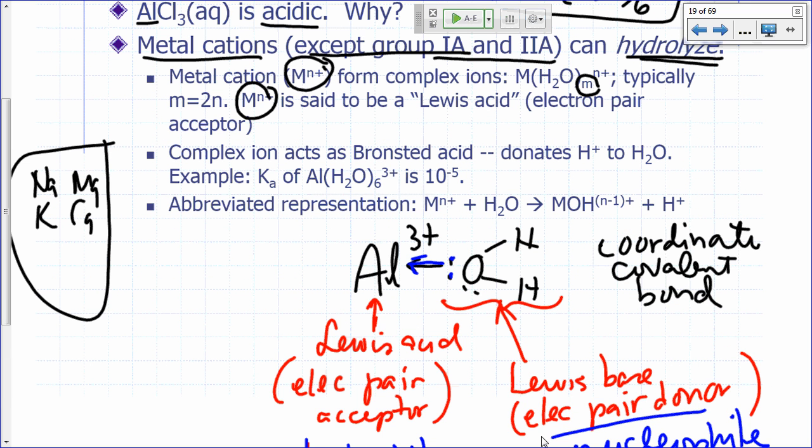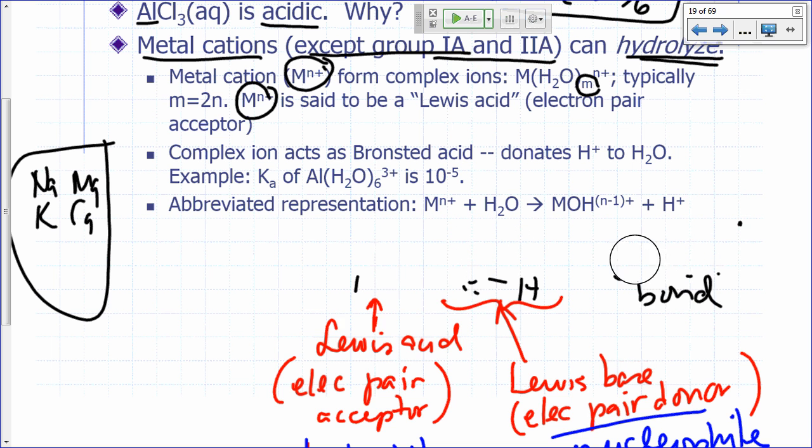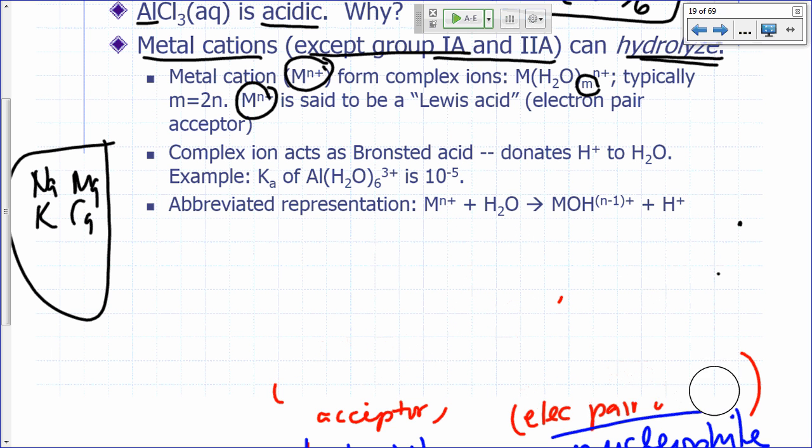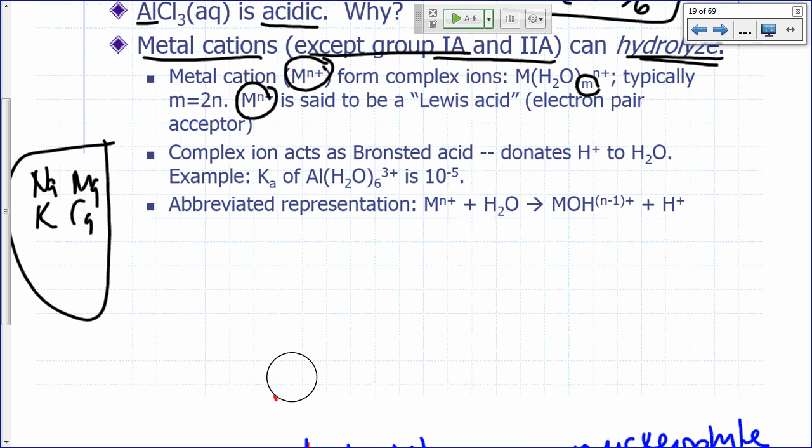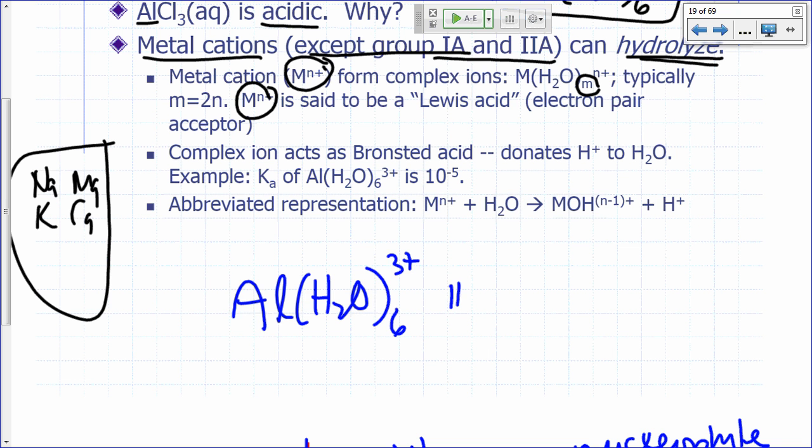So what actually happens is, remember we said before that in the case of aluminum, once you form that complex ion Al(H2O)6 3+, the reason you end up with an acidic solution is why?